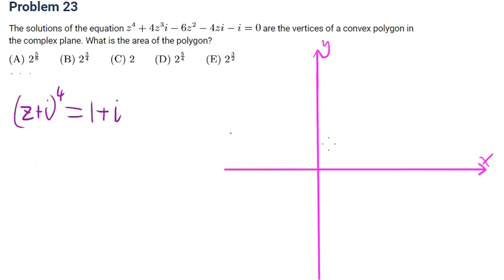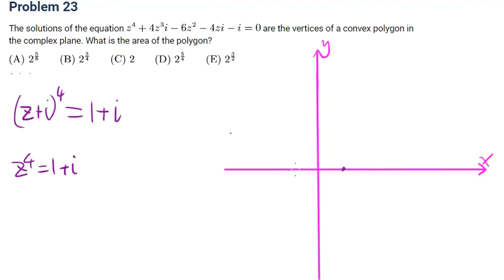Now, it's similar to z to the fourth equals 1 plus i, but everything is moved one down.